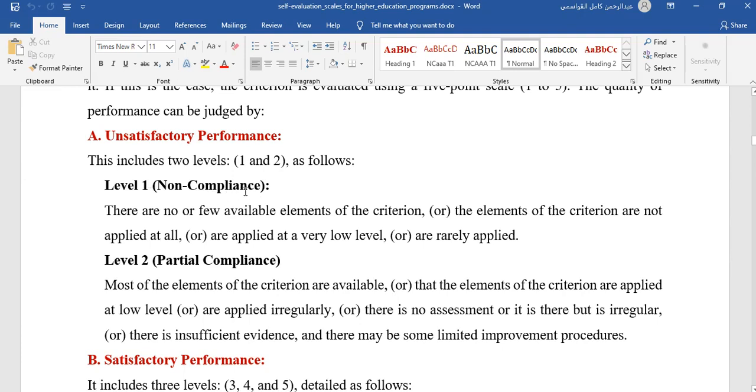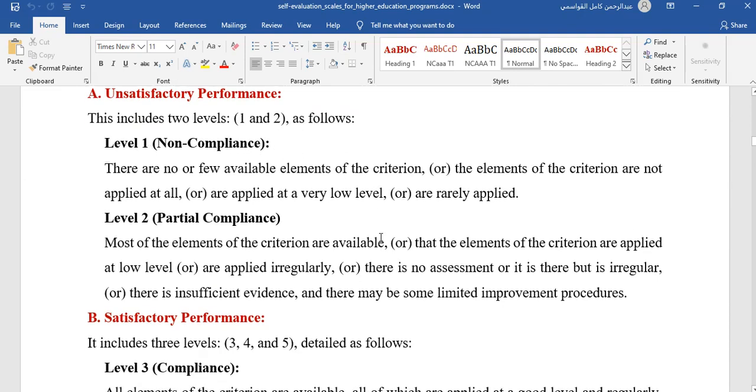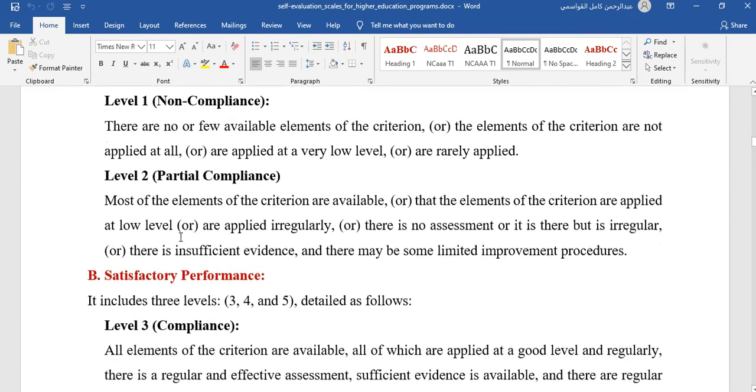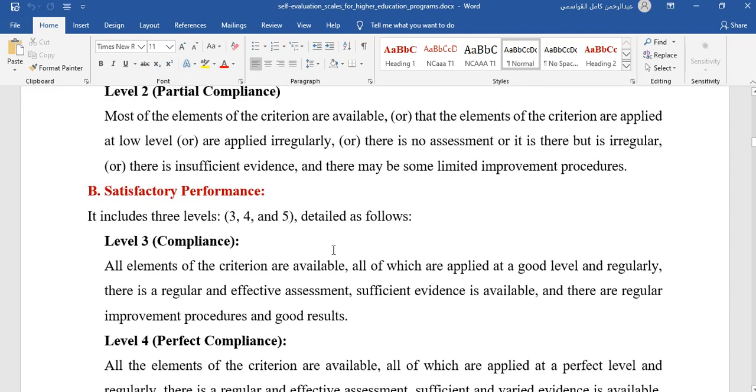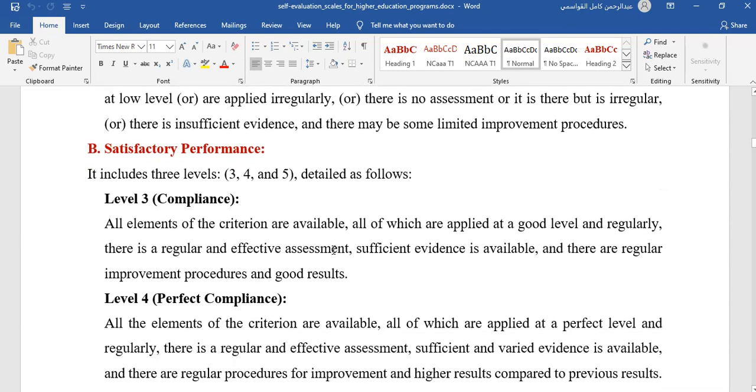Level 1, non-compliance: there are no or few available elements. Level 2, partial compliance: most of the elements of the criterion are available, or the elements of the criterion are applied at a low level. Then satisfactory performance: 3, 4, and 5.